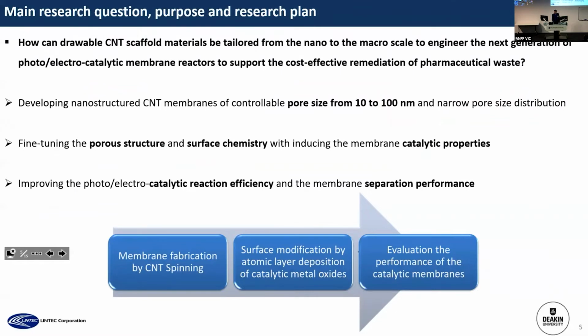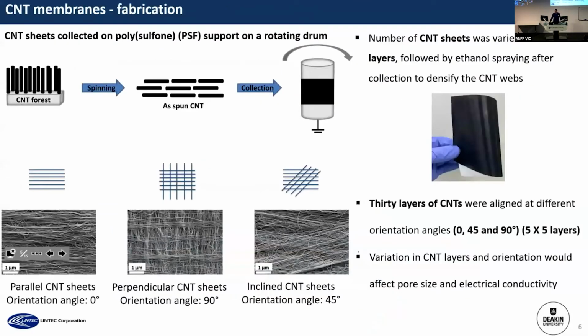All right. So for the CNT membrane fabrication, as I mentioned, we have a challenge in the processing of the carbon nanotube material, but in this simple method, we can achieve the fabrication without the need of using any harsh chemical or any functionalization. We just have a CNT forest from Lentec, and we spin these vertically aligned carbon nanotubes to horizontally align them on a polymeric ultrafiltration membrane.